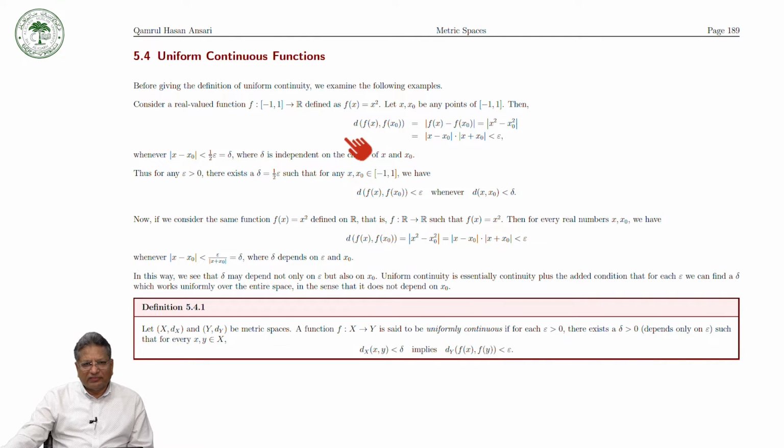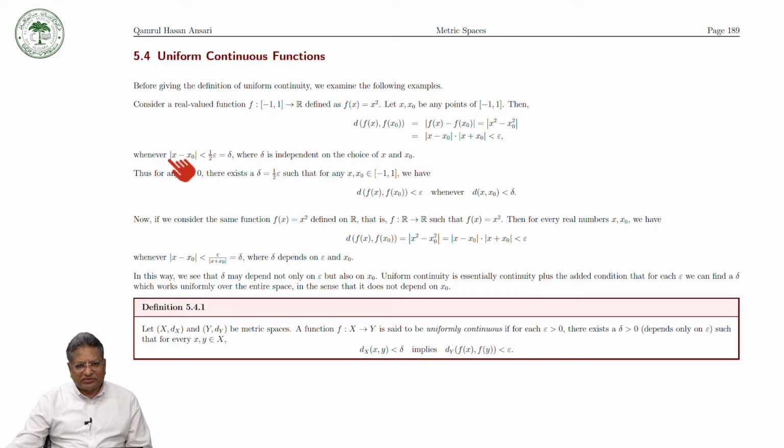It means that the function f is continuous. But the important thing here is that this delta depends only on epsilon, not on the points x naught and x.